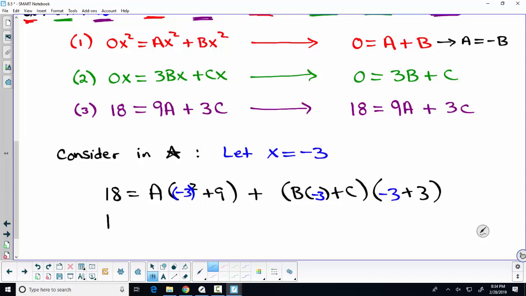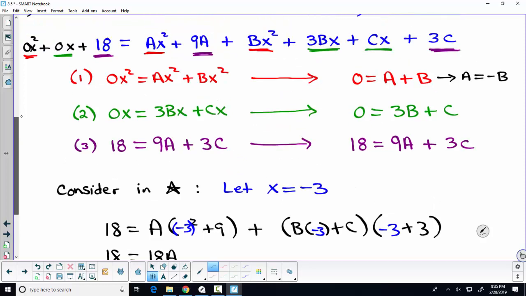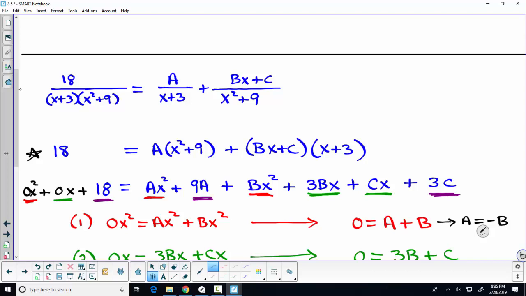So we have 18 is 18A. How did you know that x equals negative 3? Because if I let x equal negative 3 here in this equation, that whole thing is 0. It doesn't matter what this is, it's 0 times all of this, which is 0.